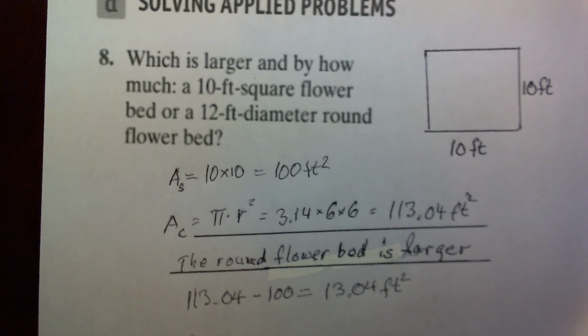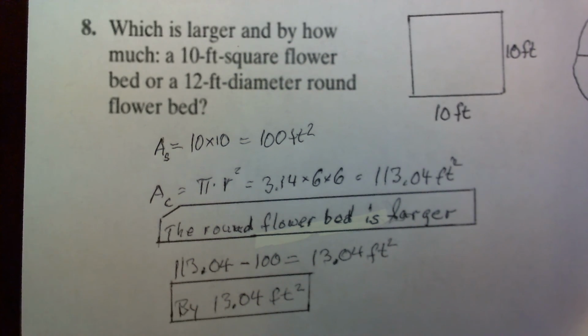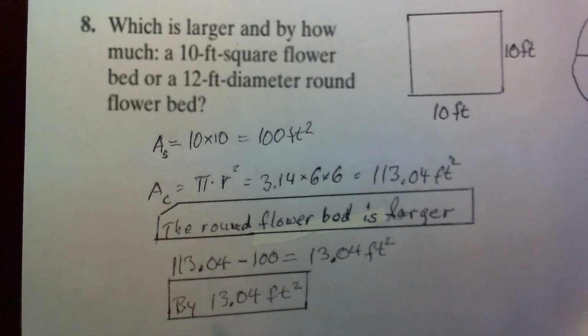In other words, by 13.04 square feet. So here we have the results summarized, that the round flower bed is larger, and is larger by 13.04 square feet.